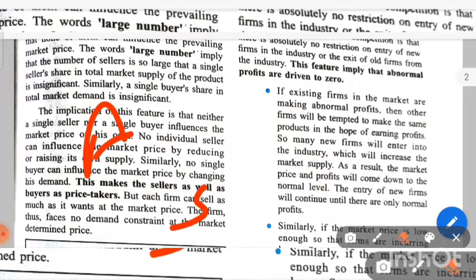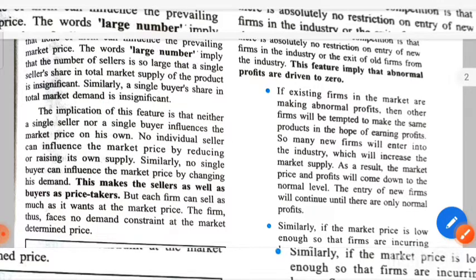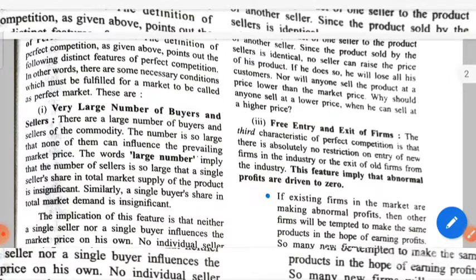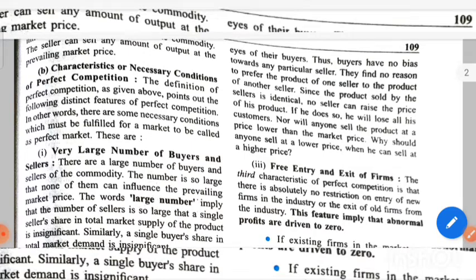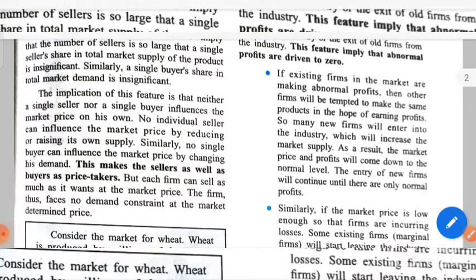This is the main thing you need to remember while going through perfect competition. I'll be revising this point again. Perfect competition is a situation where there are a large number of buyers and a large number of sellers selling an identical product, and they cannot charge a price on their own. Whatever the firms decide together, they have to set that price.